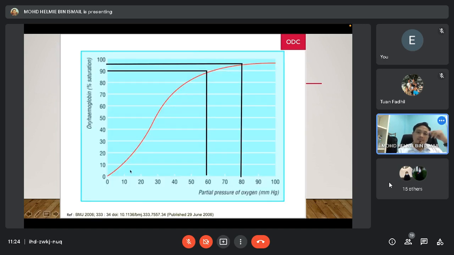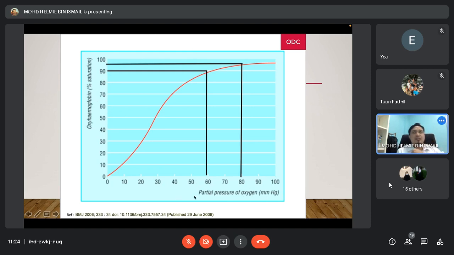And then this one is the oxygen dissociation curve. The curve relates the SpO2 to our partial pressure of oxygen in ABG.